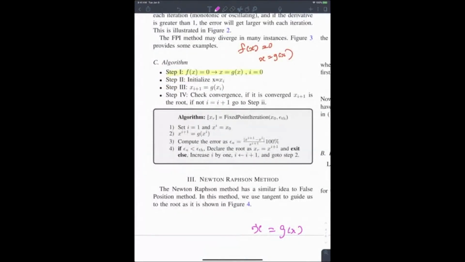So set i equals 1, and then x raised i, that means the first root. First root is our initial guess. So that is an input to the function.